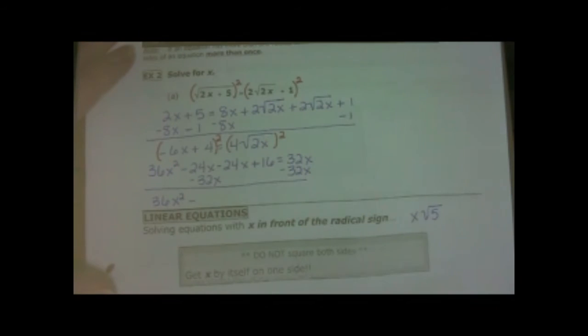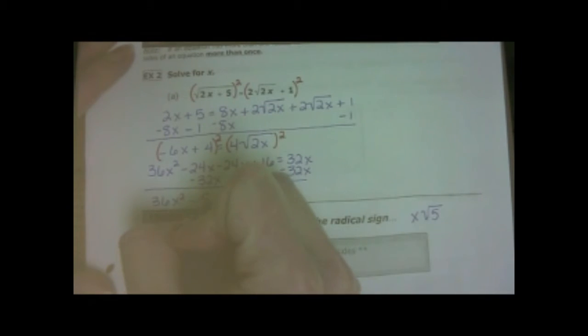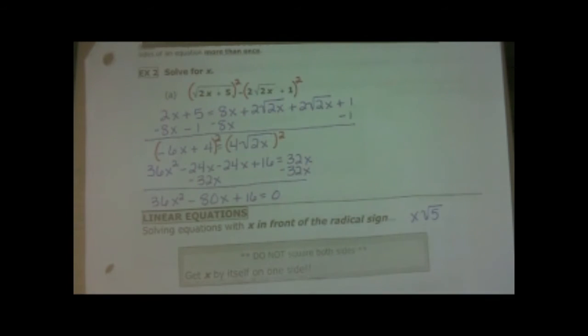Here's what I've got. 36x squared minus, so I've got to combine all these like terms, 80x plus 16 equals 0. And now I need to factor this. Don't forget your factoring step of factoring out the greatest common factor, because when you go to use the box method, you're going to just make this a ton easier. I can factor out a 4 from here.